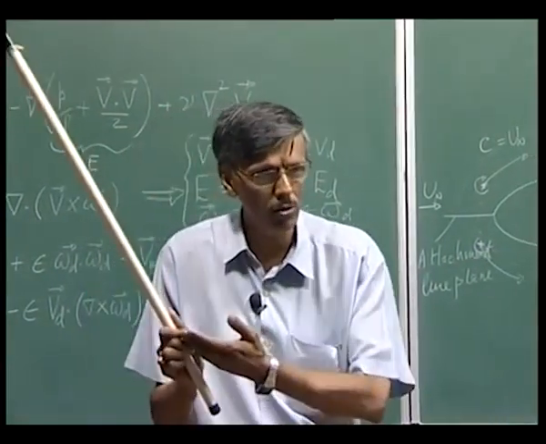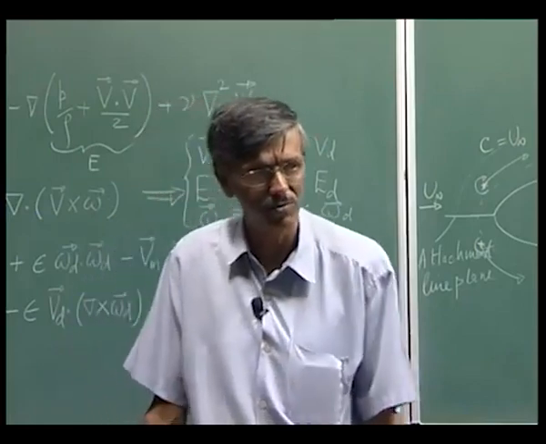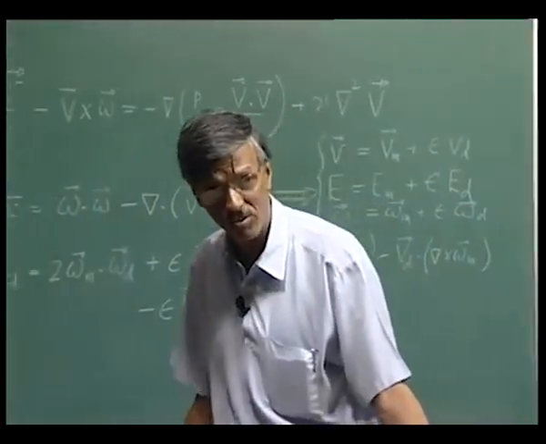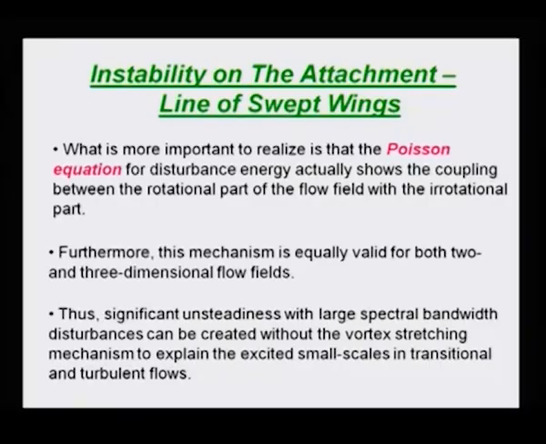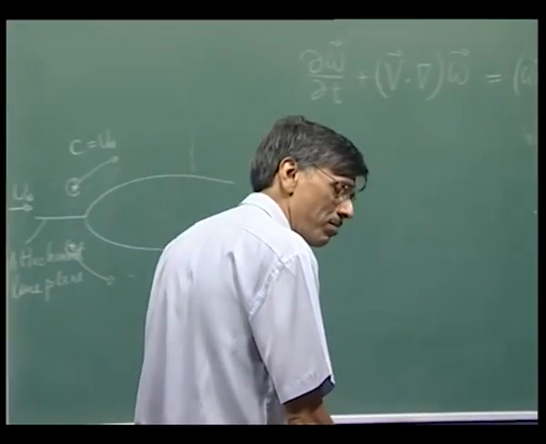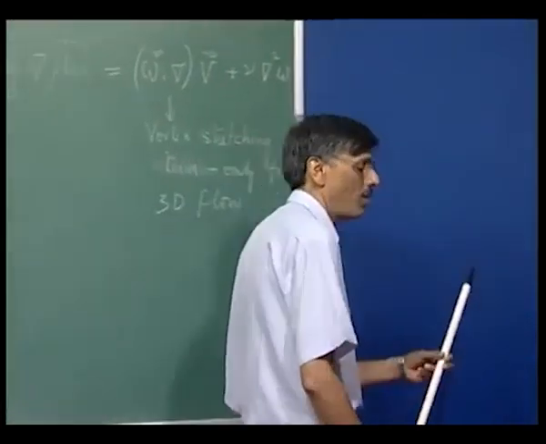We showed how quickly you get the spectrum full from the 2D calculations also. So, that should really be able to convince us that we could get small scales in transitional and turbulent flows via 2D mechanism itself. Okay.